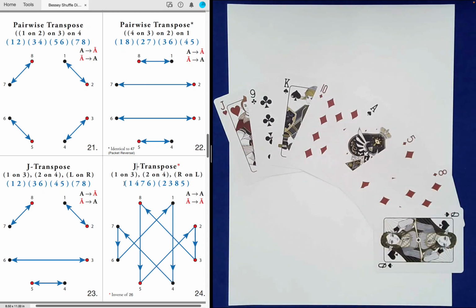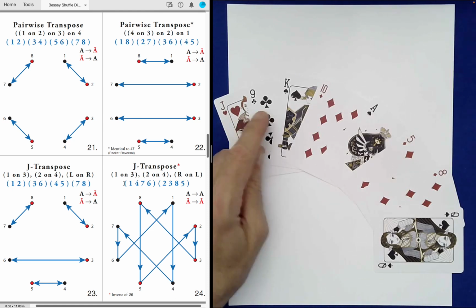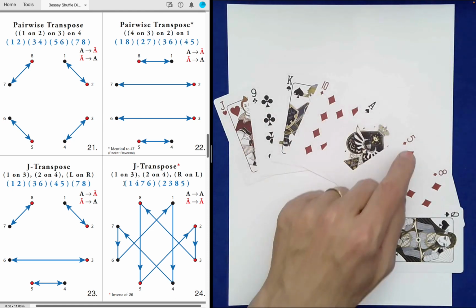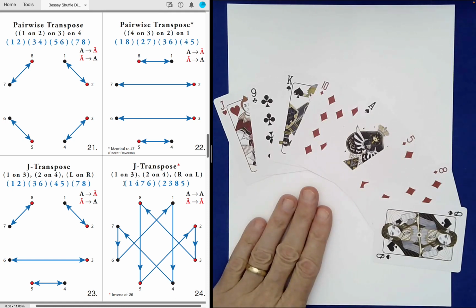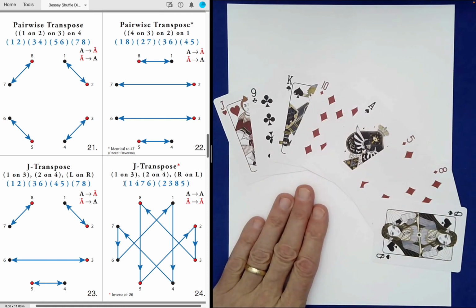Okay, so this would be one version of a Bessey sequence relative to card color. The other one that we could have done is black, red, red, black, red, black, black, red. That would be the inversion of this one, relative to card color. So this is where I began. If you want to begin here, that would be great. Just kind of set up the cards this way.